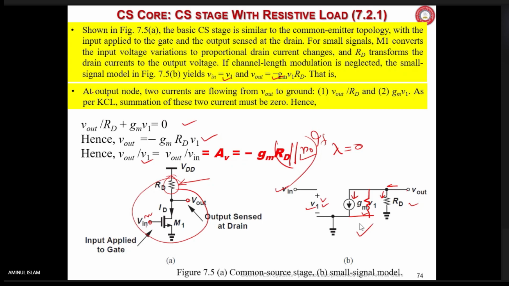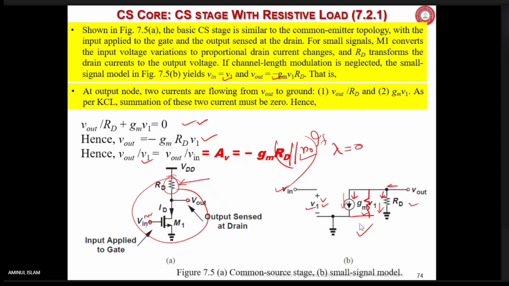How is it? At the output node, two currents are flowing from V out to ground. One is V out by RD in this way, and the other one is GM V1 in this way. So as per KCL, the summation of these two currents must be 0. That's what we have written here in this equation.